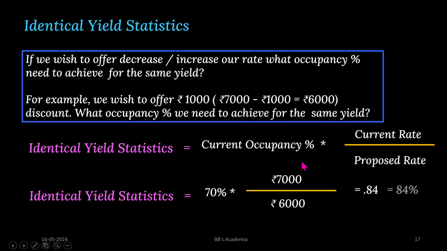Your calculation is current occupancy percentage multiplied by current rate divided by proposed rate, and what you calculate is 0.84 or 84%. Clear? Fair enough? I believe all the KPI formulas are clear in your mind now.